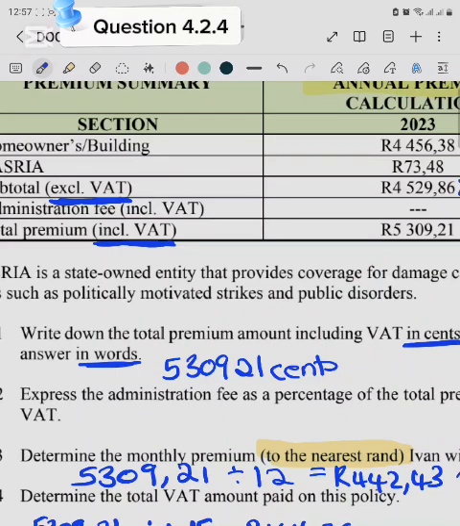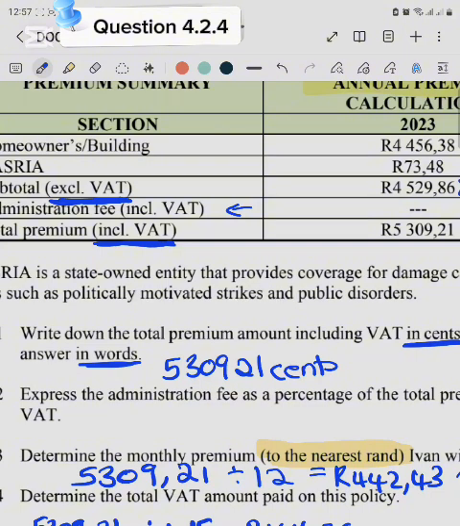The only thing to remember with this one, though, is if you're doing that, you also need to go back to the administration fee that you calculated previously. And you're going to need to work out how much VAT is on that as well. So you'd have to say, okay, well, I know what my admin fee was, the 442 rand. And, sorry, not the 442 rand. The admin fee was 99 rand and 87 cents.